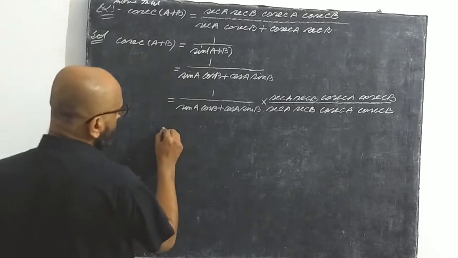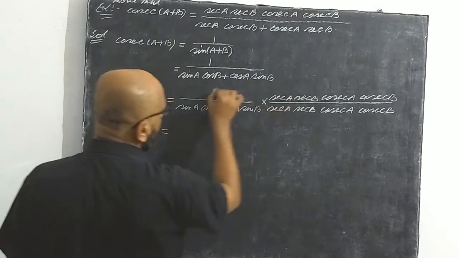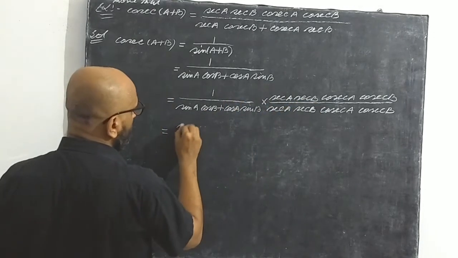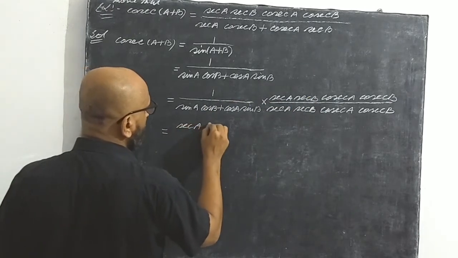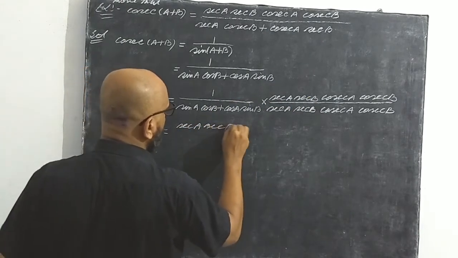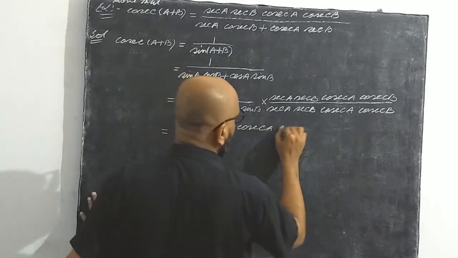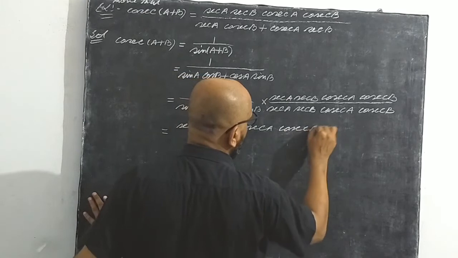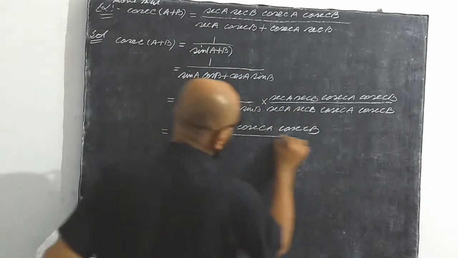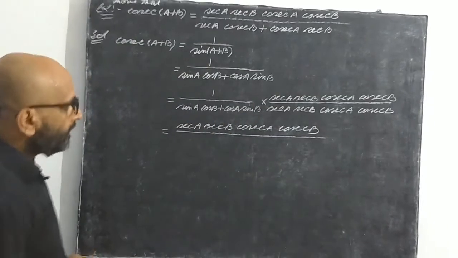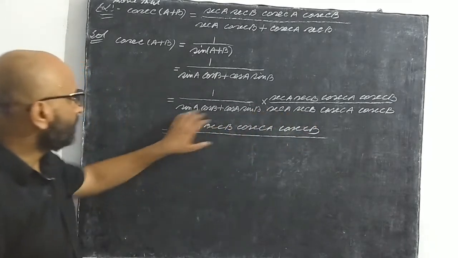So in the numerator we see this expression will multiply 1 and we get the same sec A sec B cosec A into cosec B. In the denominator, this expression will multiply both the terms.